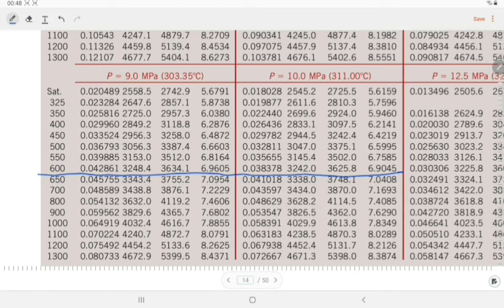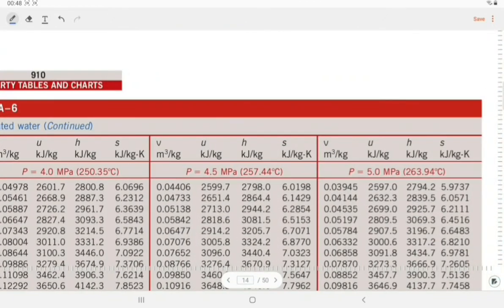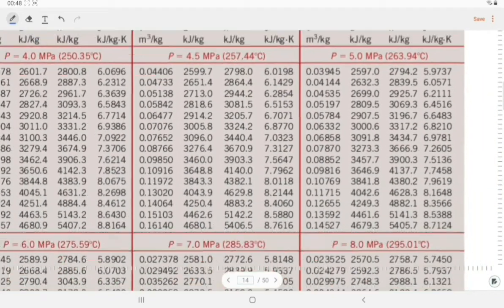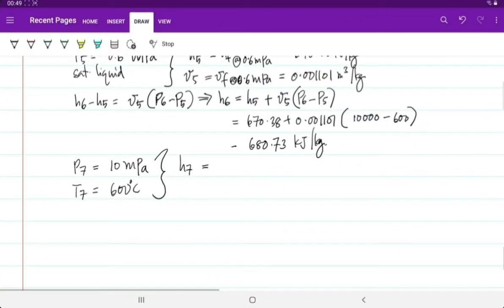We are looking for enthalpy. Enthalpy is 3626 kilojoules per kilogram.